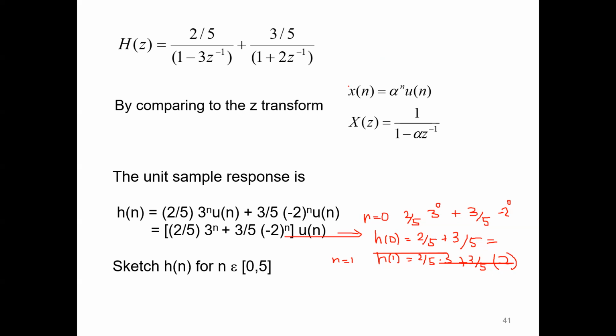Nobody has done? My God. So nobody has done even a single one? Forward z transforms?